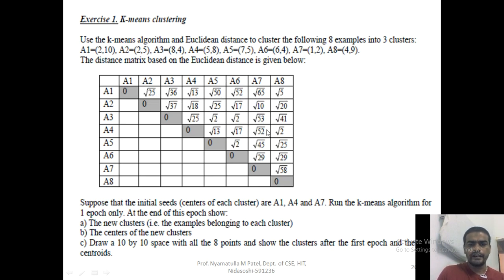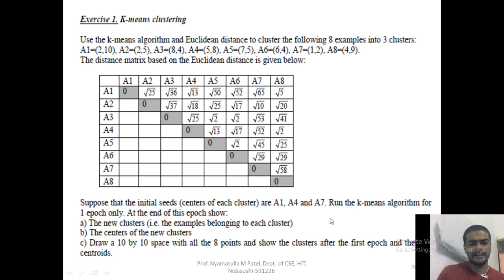Now what I need to do is take all these 8 different points into only 3 clusters. Suppose the initial seed points, the centers of the clusters, are A1, A4 and A7.